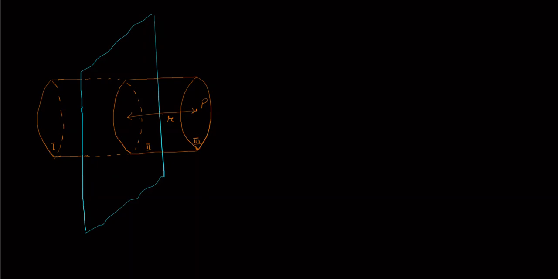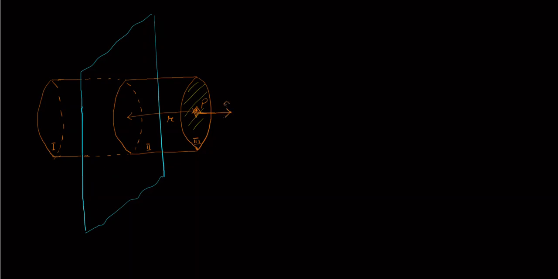We again take a small area out here. Now since this face, let me use yellow, this face is facing that direction, yes or no? It is facing that direction. So therefore the area ds will be pointing in that direction.